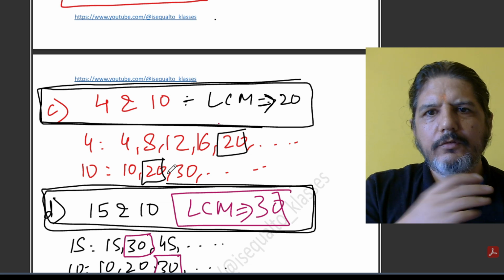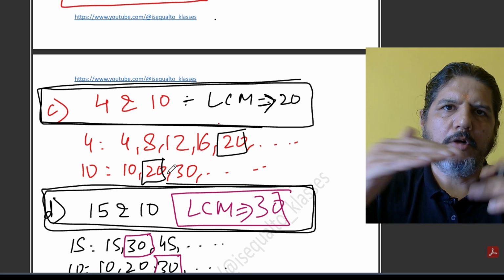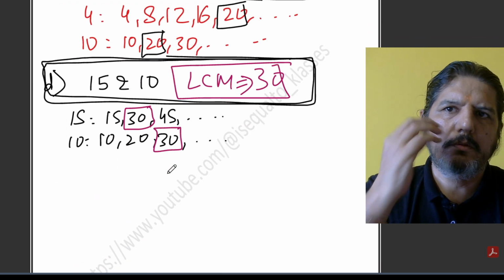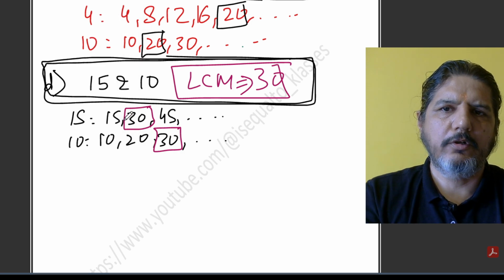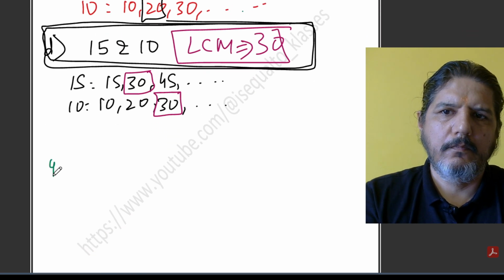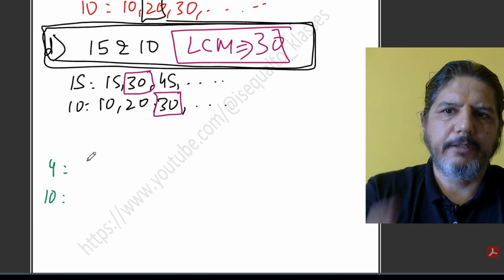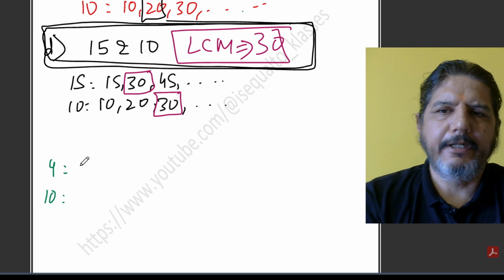So this is how you introduce the concept of LCM: basically it's a common multiple, but it's the lowest common multiple. Let me go deeper and explain what I am trying to say. Let me take the example of 4 and 10 again. Not very deep, but a little bit deep.